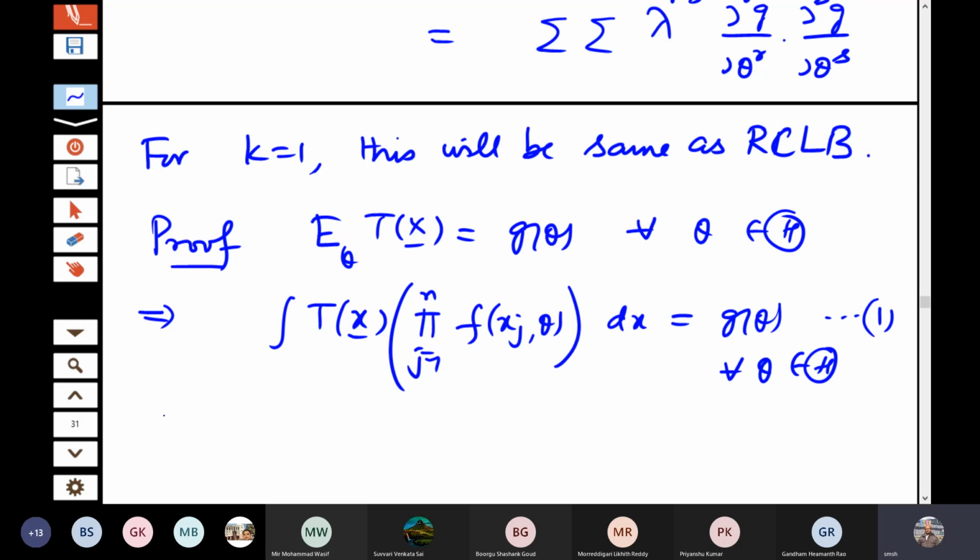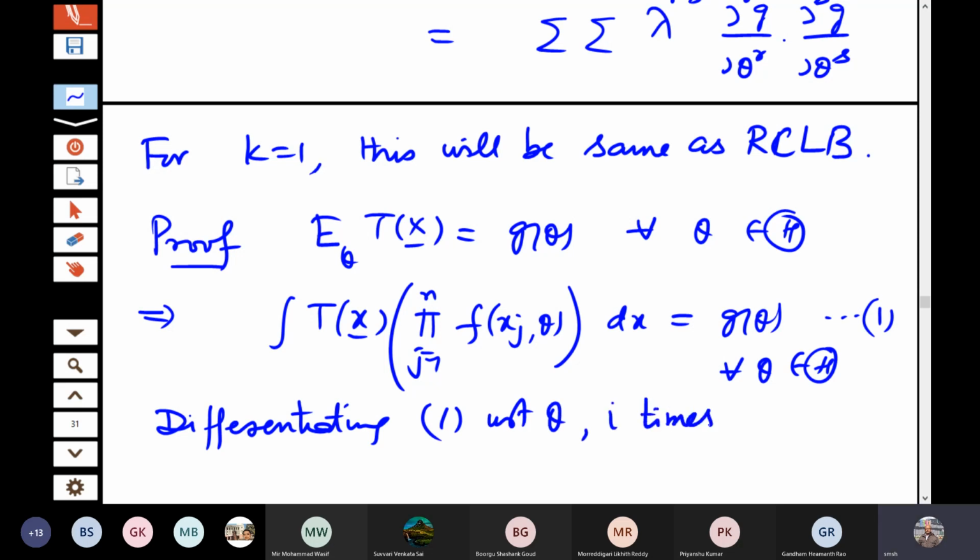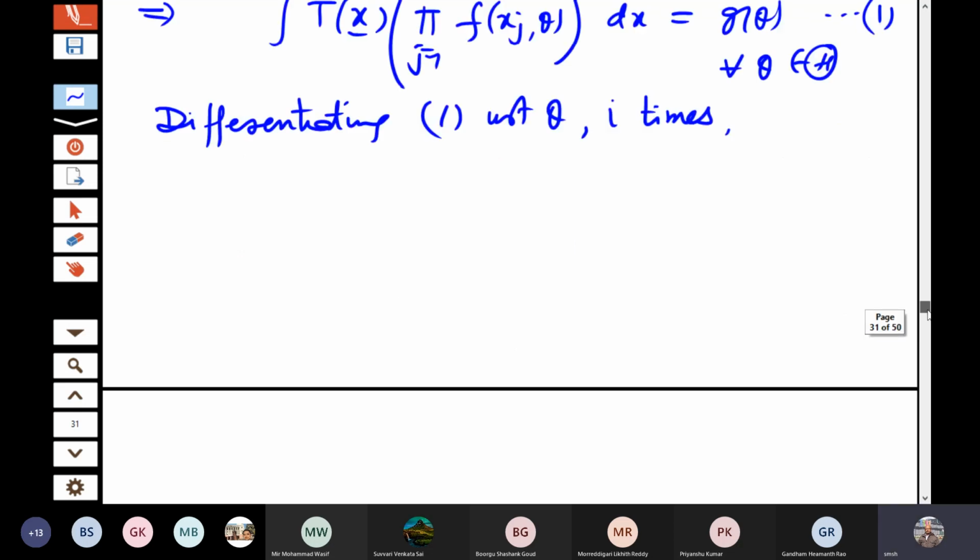Now we will differentiate this, but earlier we have differentiated once. Now I can differentiate 2 times or 3 times, in general I times. So let me write the statement like that. Differentiation with respect to theta I times. So what I will get?